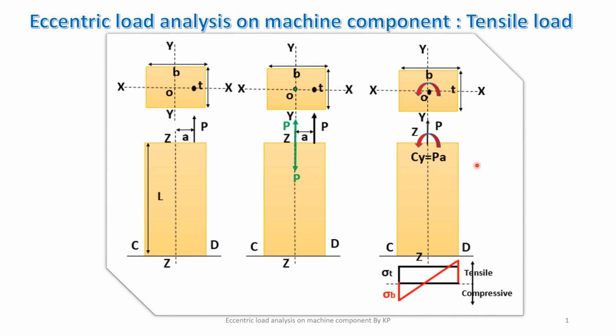Because of this load, there is a load at the center and there is an anti-clockwise couple along the YY axis, whose value is equal to P into A. So this PA couple will produce a bending effect in this machine element, and if we consider the effect on this fiber along the length, on this side along the cross section, it produces a tensile stress, and on the left side it produces a compressive stress.